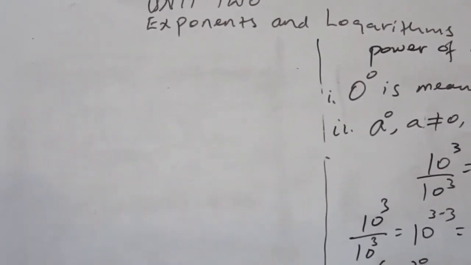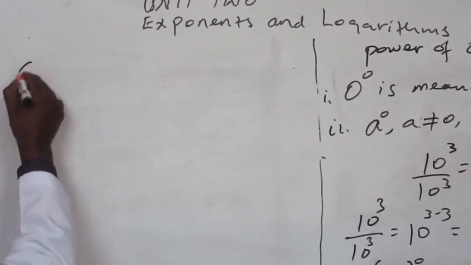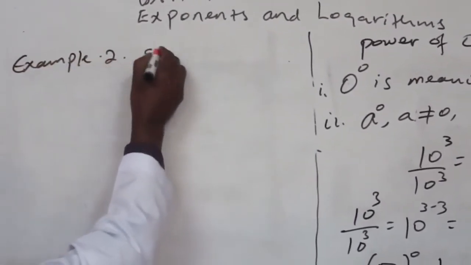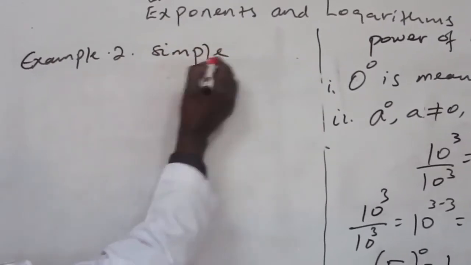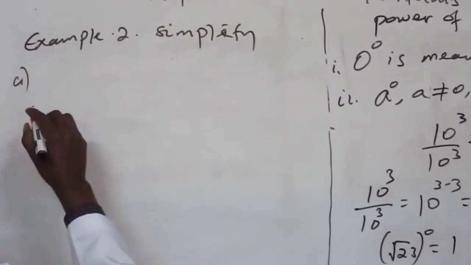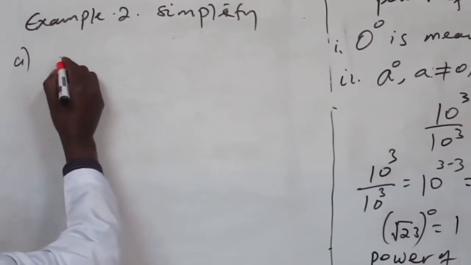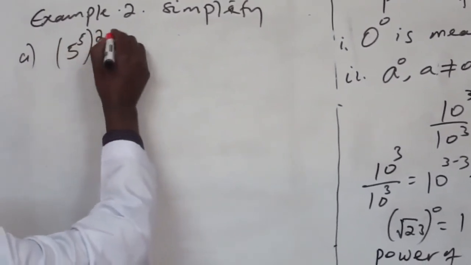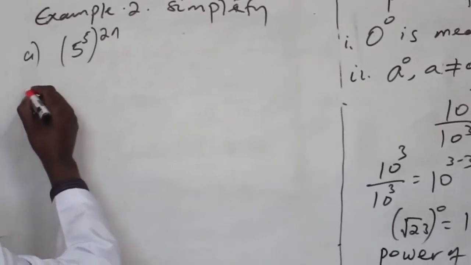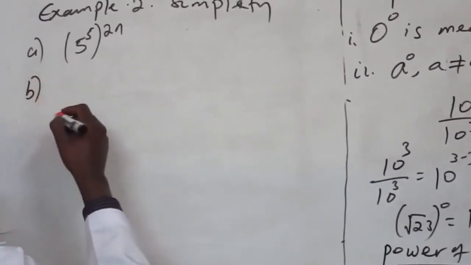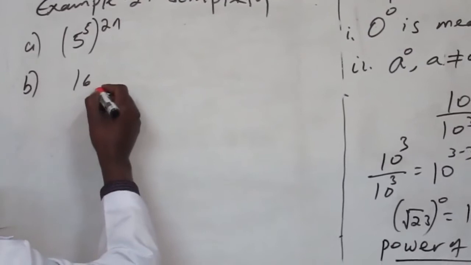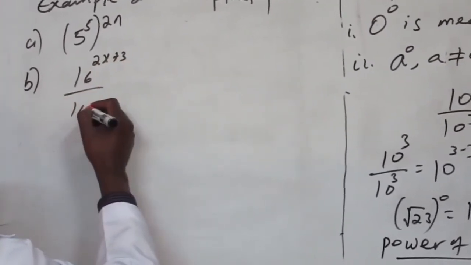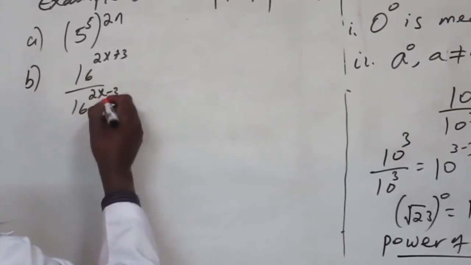For example, the simplification of such expressions. Example 2: simplify. A, 5 to the power of 5, the whole to the power of 2n. B, 16 to the power of 2x plus 3 over 16 to the power of 2x minus 3.